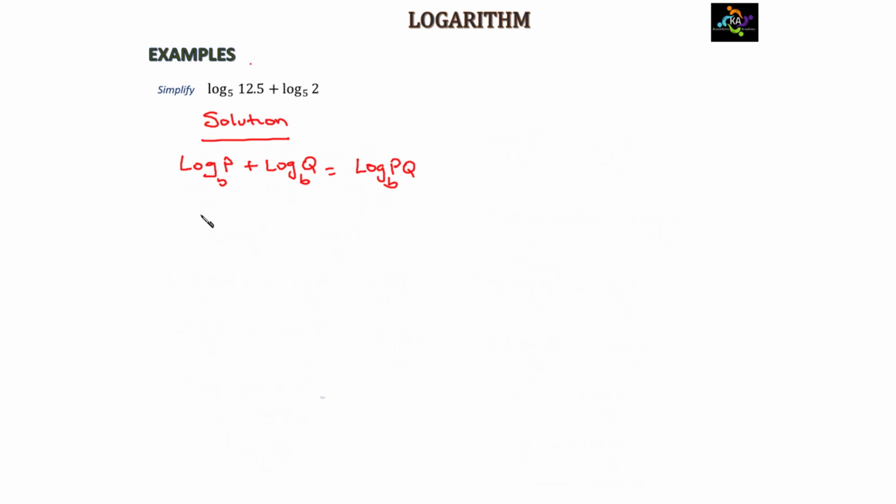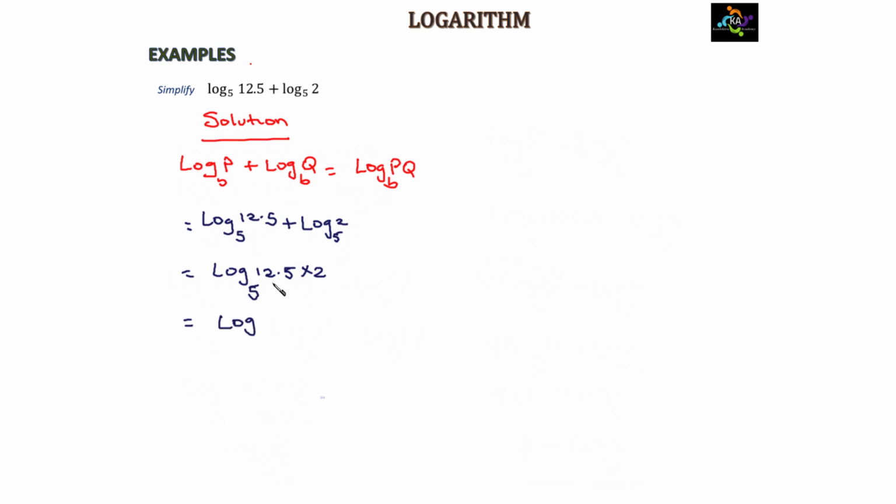Then you can have log 12.5 base 5 plus log 2 base 5. What would that give us? That will give us log 12.5 times 2 base 5. Now, what will be our next answer then?